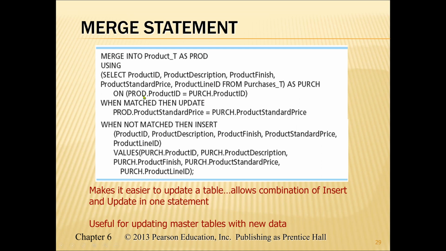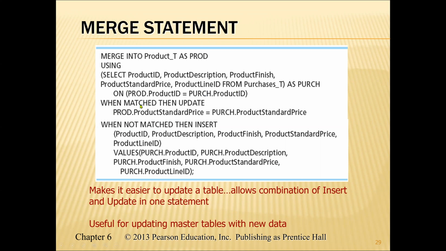Then on PROD.product ID. Remember the PROD, now we have a table because we say merge into product T as PROD. So PROD is the table that has product ID. Should be the same as PURCH dot product ID also. So this is the statement for merging, joining.